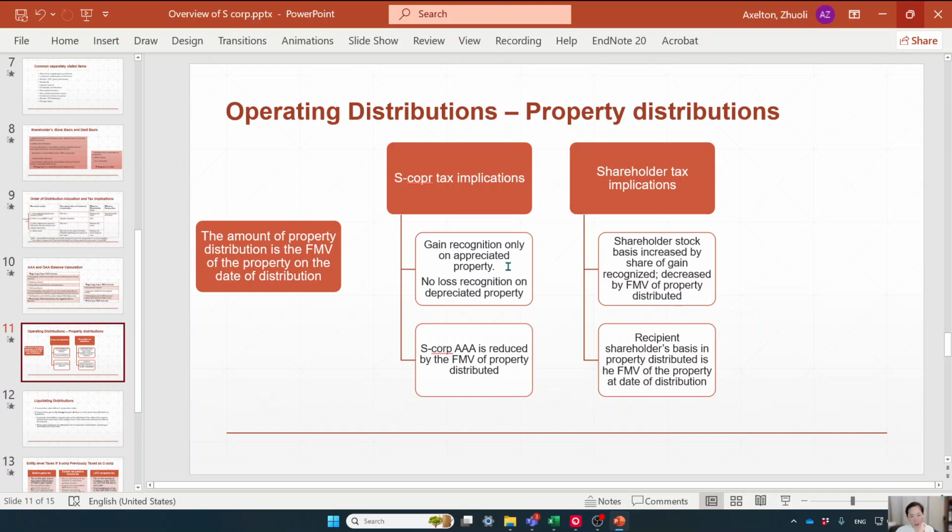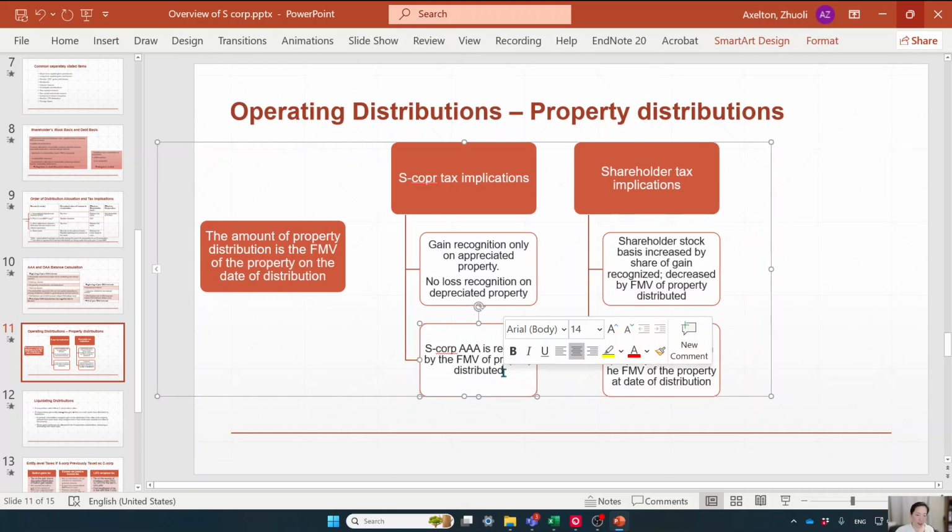For S Corp purposes, gain recognition is required only on appreciated property, but there's no loss recognition. And the S Corp AAA will be reduced by the fair market value of the property distributed, because any property distribution is treated as a distribution of value.